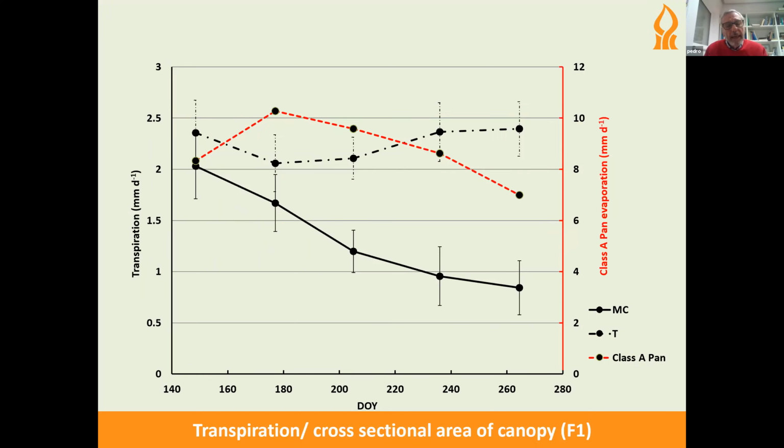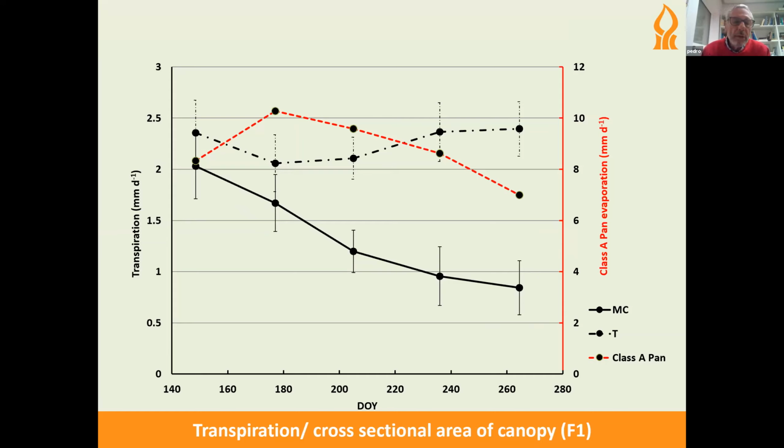In this slide, I'm showing the transpiration computed by volume divided by the cross-sectional area of the canopy. And what is interesting to note here is the different pattern. You can see the continuous line is the microcatchment, the stippled line is the trench.